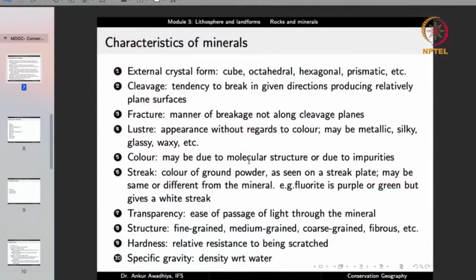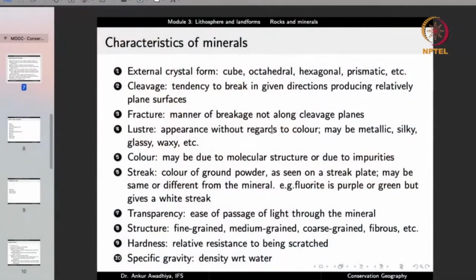Another characteristic is color. Now color may be due to molecular structure or due to impurities. By looking at the color, at times it is possible to identify the mineral. So for instance, graphite will always look deep gray in color. But it is also possible that you have a mineral that shows different colors because of certain amount of impurities.